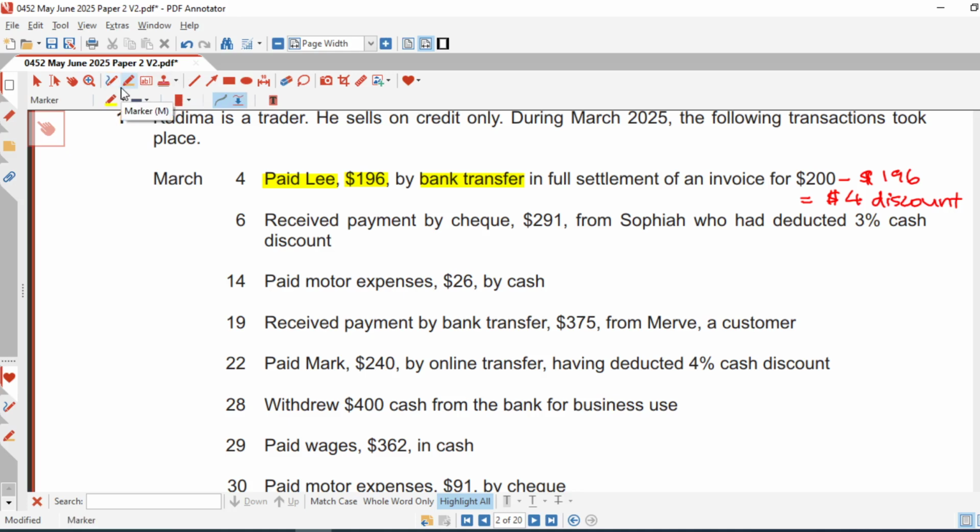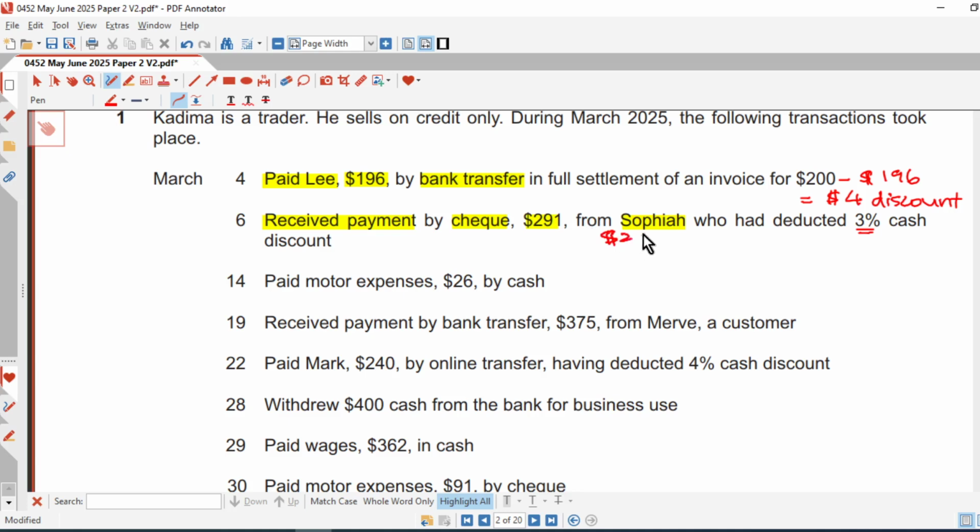Now, on the 6th of March, we received payment by check 291 from Sophia, who had deducted a 3% cash discount. There you go again. So 291 is the amount that we received. This is what went into our bank. This was after deducting a 3% cash discount.